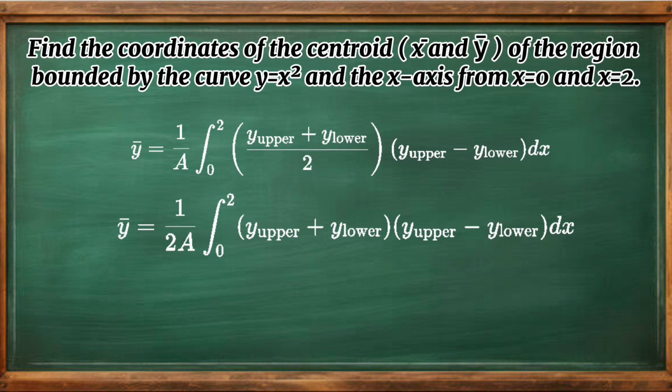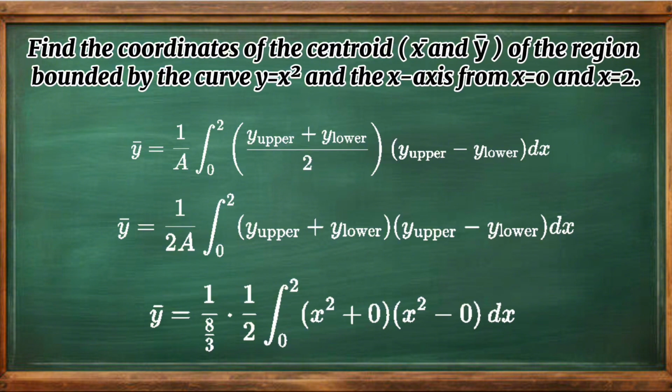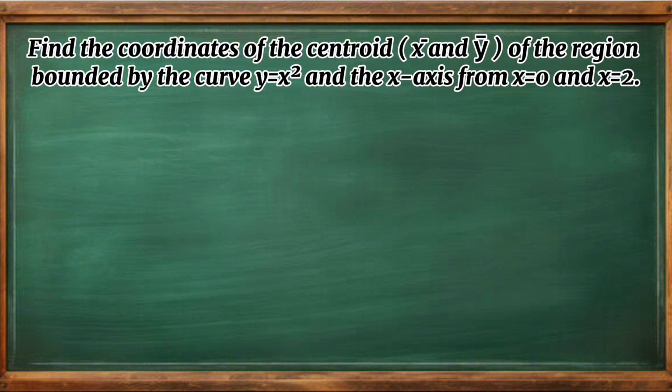Now, we plug in our values, which is 1 over 2 times 8/3 times the integral from 0 to 2 of (x squared plus 0) times (x squared minus 0) dx. Then, we simplify our equation. Therefore, we have 1 over 2 times 8/3 times the integral from 0 to 2 of x to the 4th dx.